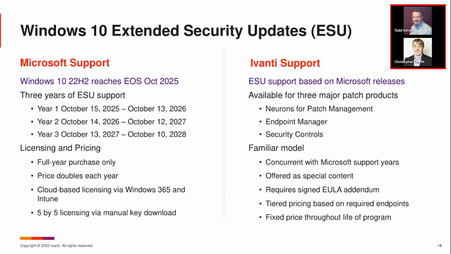They've made it a little bit more flexible than they did for 2012. They tried to push 2012 extended support very hard towards Azure. They relaxed that a little bit here, obviously anticipating how broadly Windows 10 was still being used. And they've offered several different options for pricing and delivery of this round of ESU support.